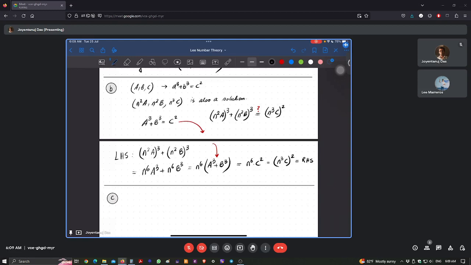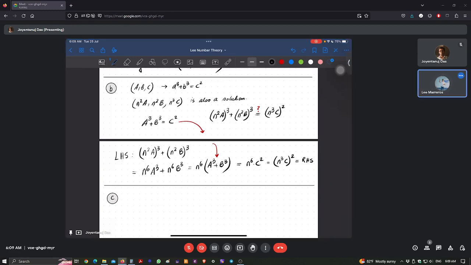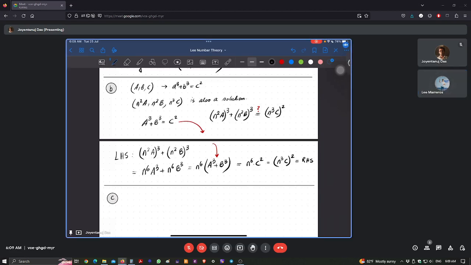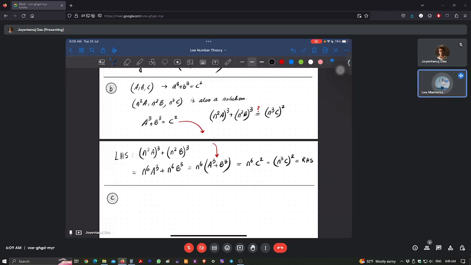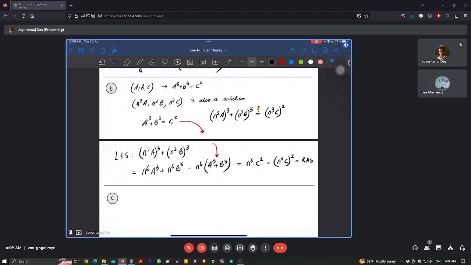And if n is greater than or equal to 2, then it is no longer primitive, because we have a common divisor. But if n is not greater than 2, n will be 1 or 0. So the primitive case is when we cannot take out a common factor. That is the idea.